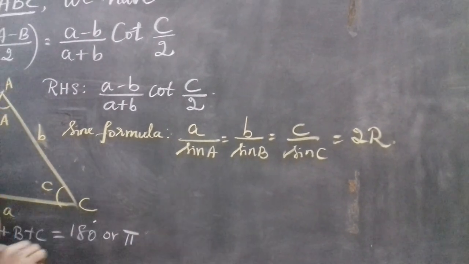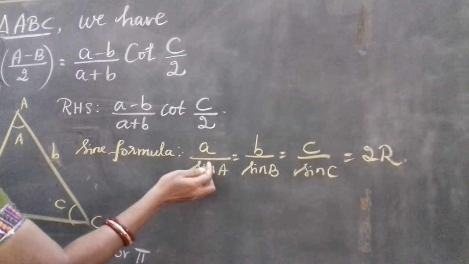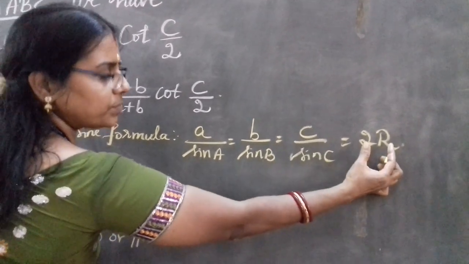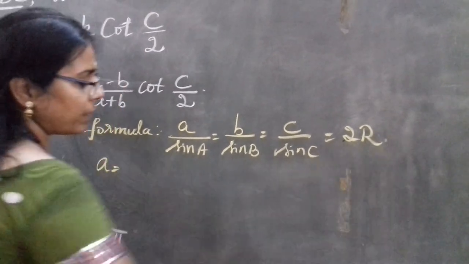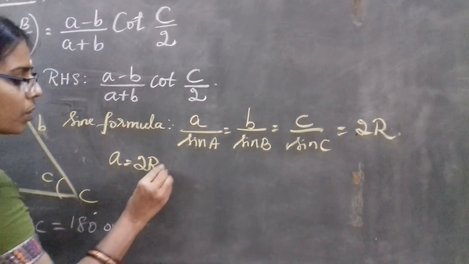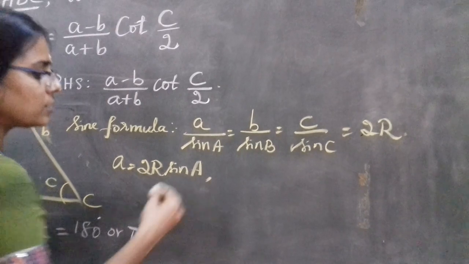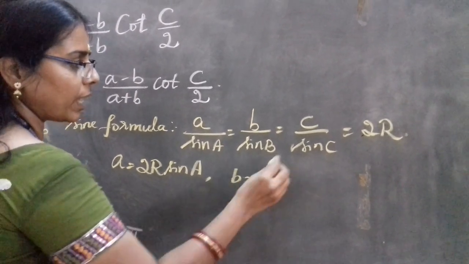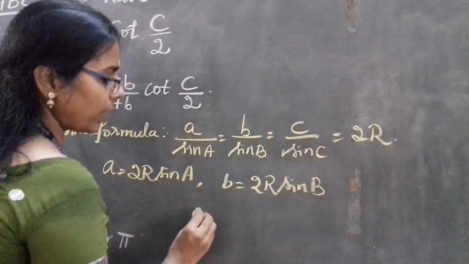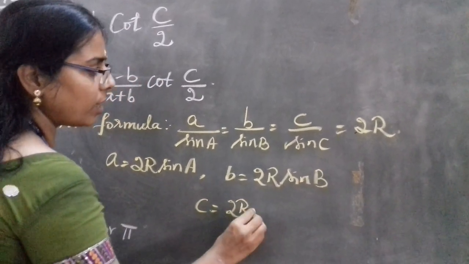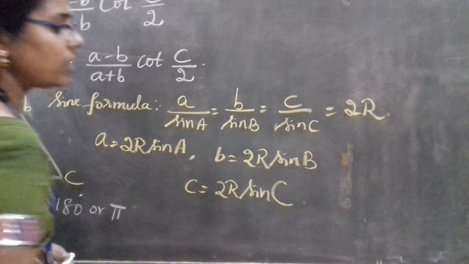Already we have learned this in the sine formula, and this can be written as a by sine A is equal to 2r. That is, we can write a as 2r sine A, and similarly in the place of b we can substitute 2r sine B. Similarly we can write c as 2r sine C.